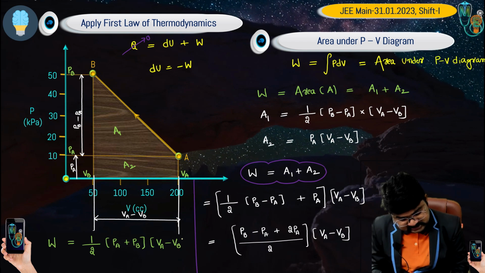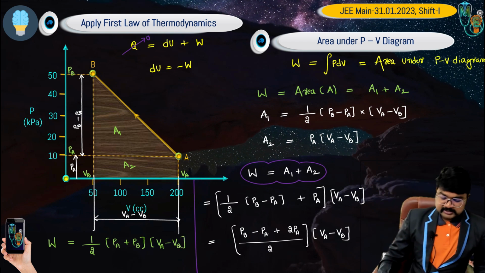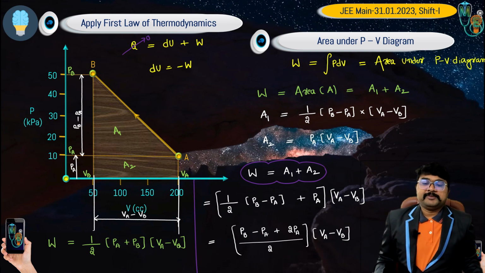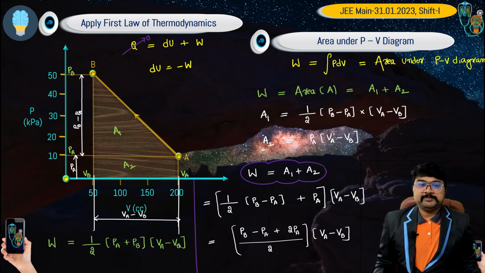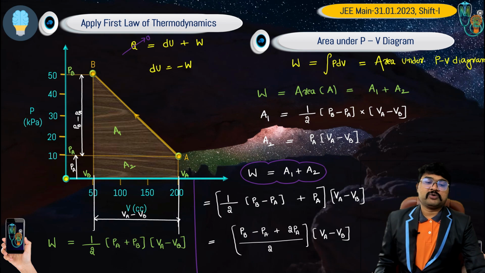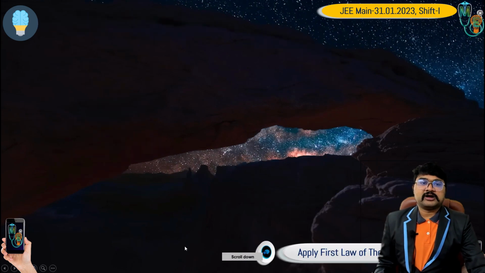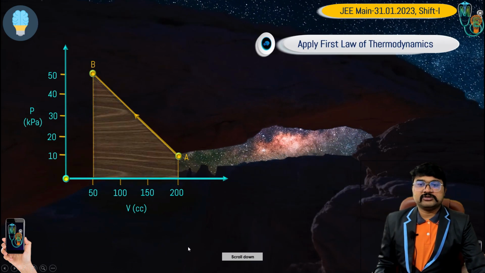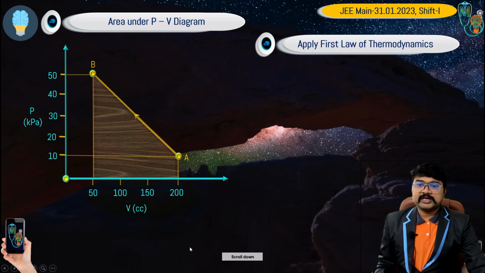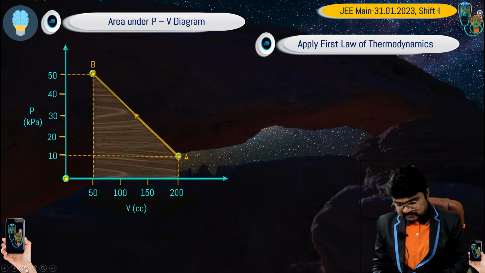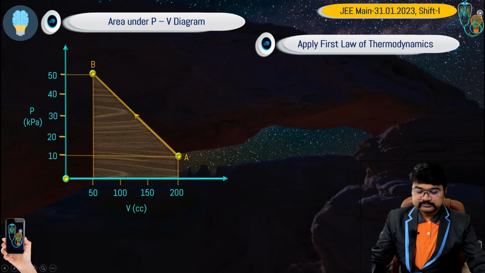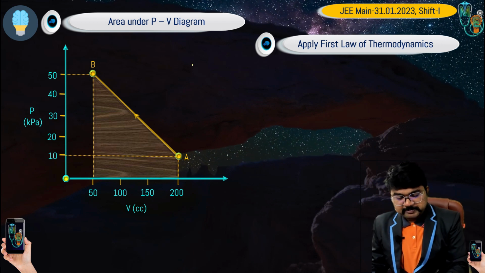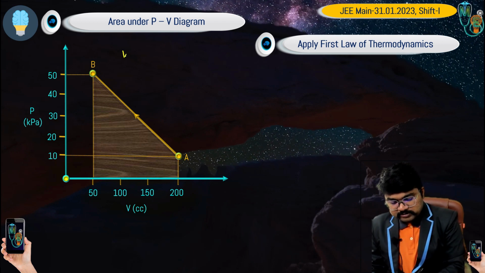Understood? In this manner, we calculated the area. Now try to substitute the values. So the area under the curve is completed.